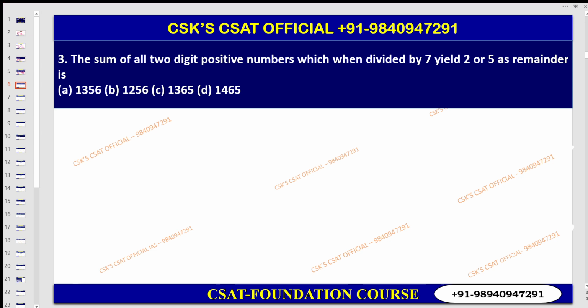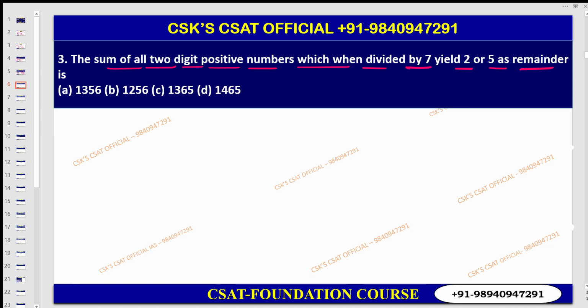See, the question looks very simple, but it takes time to solve these questions. The sum of all two-digit positive numbers which when divided by 7 yield 2 or 5 as the remainder is? First, the sum of all numbers that yield 2 as a remainder.